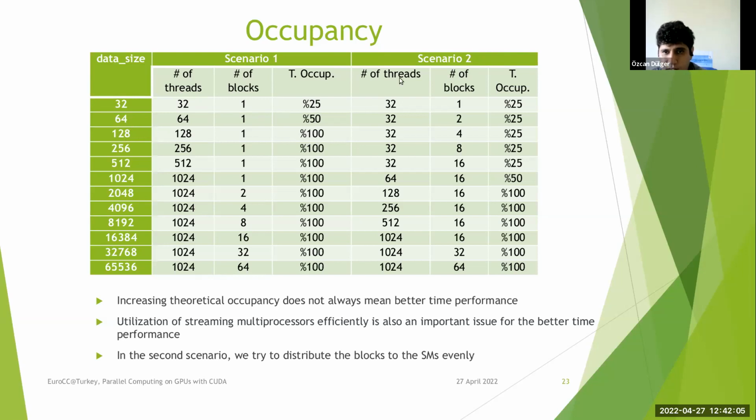Let's look at the second scenario. In this scenario, for each data size at first, we set the number of threads to 32 up to 2^9. Why? Because we are trying to distribute the blocks to the streaming multiprocessors efficiently.